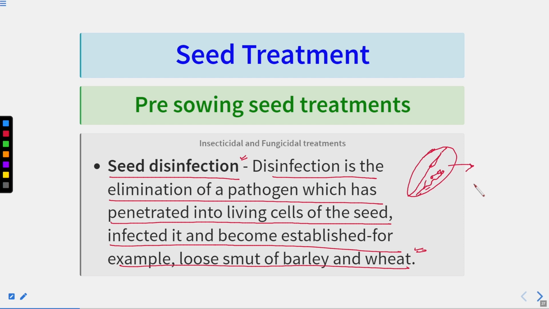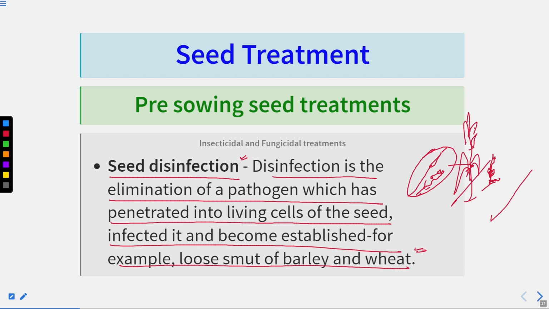When you sow it in the ground, the seedling will emerge from the ground, but the plant from it will not be healthy. The healthy plant is like this, and this unhealthy one will be like this.